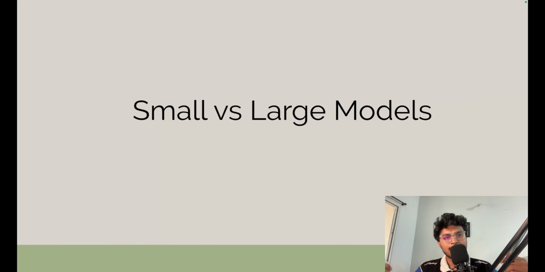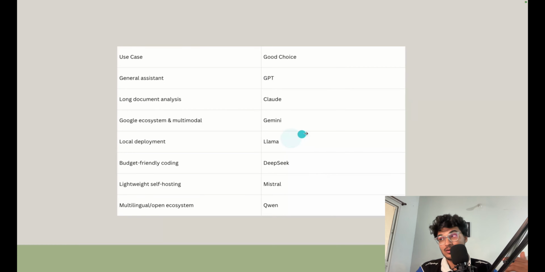Okay, small models are faster, cheaper, with lower latency, but they can have lower reasoning ability and, in some cases, a smaller context. But the larger models are better at reasoning, better at coding, better at planning, but they are slower and more expensive. Okay, so these are also the options that matter.